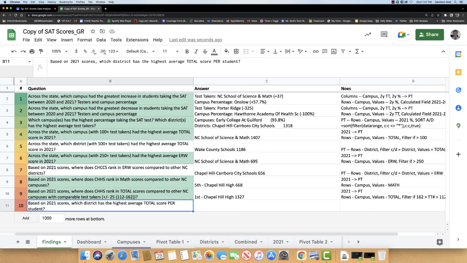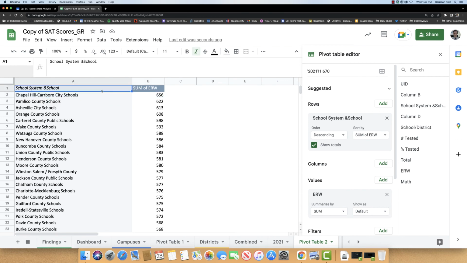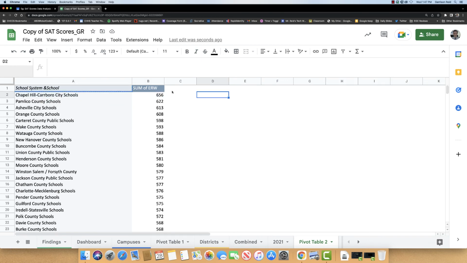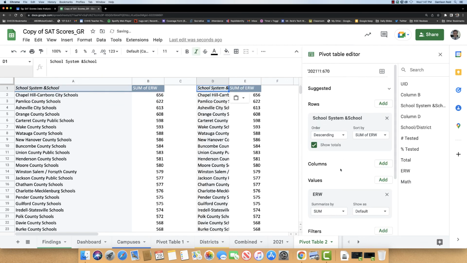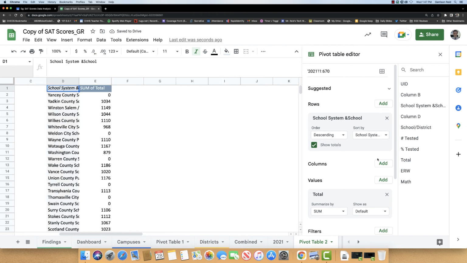Which district had the highest average total per student? Really what I guess this question is, this is a weird question, which was like, which campuses had few students and high totals? It gets a little bit blurry, but that's kind of what's being asked. So in this question, I created a, let's do a conditional field. I want to do totals. And let's say I also look at my number of students tested.